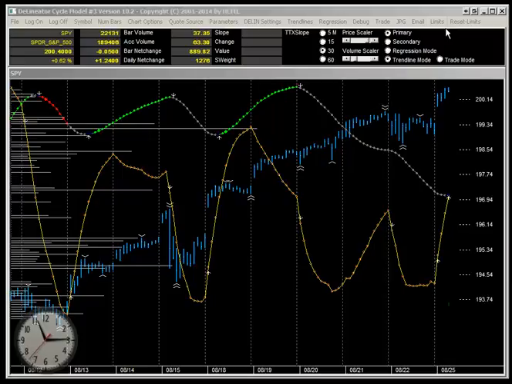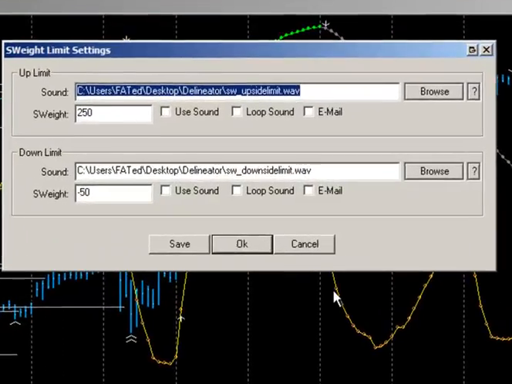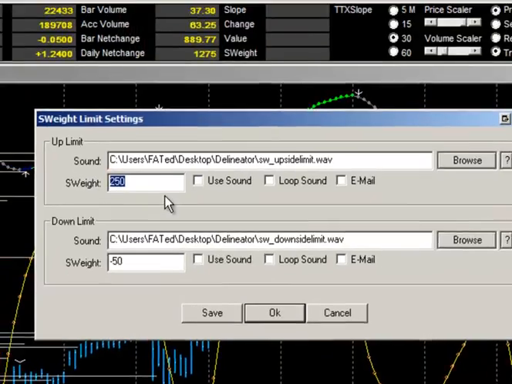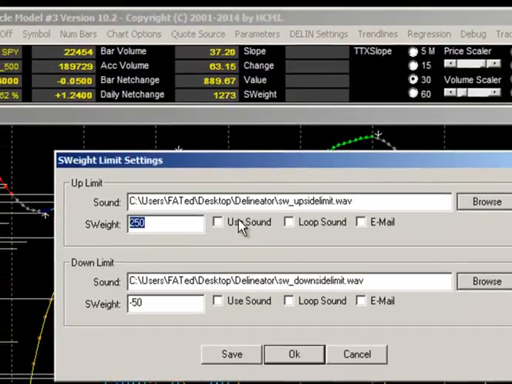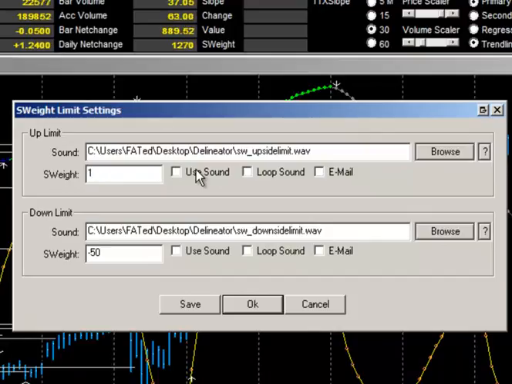I thought I would show people how our signal weight limit alarms work. We have the ability to monitor signal weight and use audio alarms to alert us when we've had a change. So for example, right here we see signal weight at plus 1275. Say we wanted to know if it went above 1280 or below 1265.